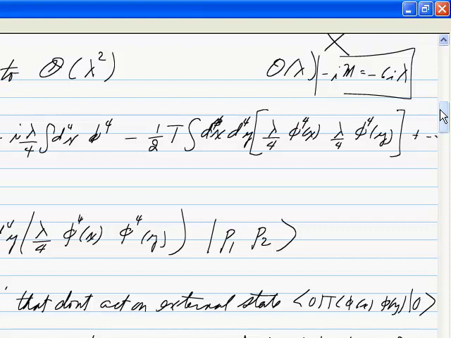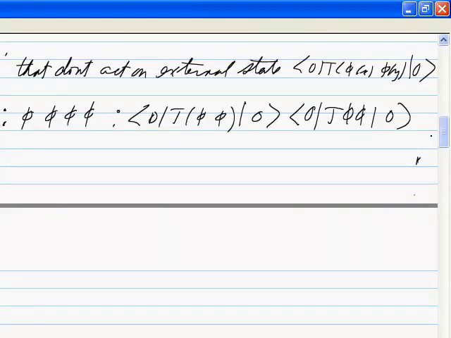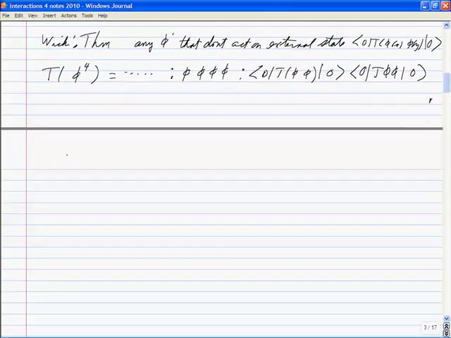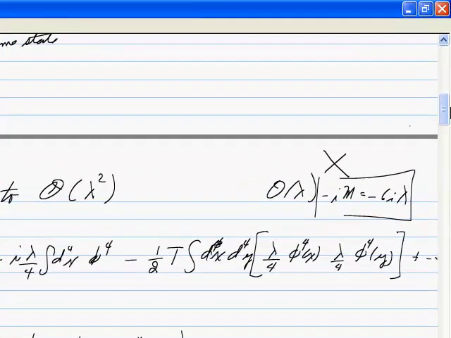That type of diagram will look like the one I drew there before. Incoming guys hit at one point, 2 propagators go to the next point, and then things come out. Let's pretend that's X and that's Y. So that could happen. There's a bunch of other things that can happen.